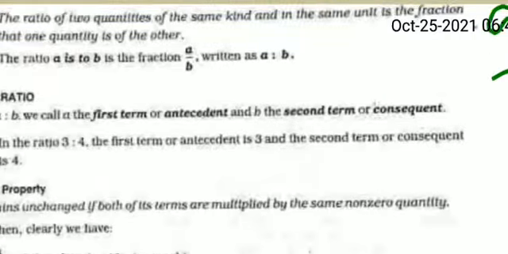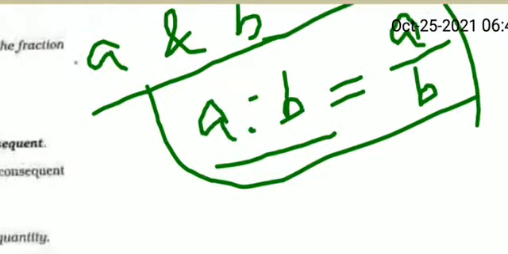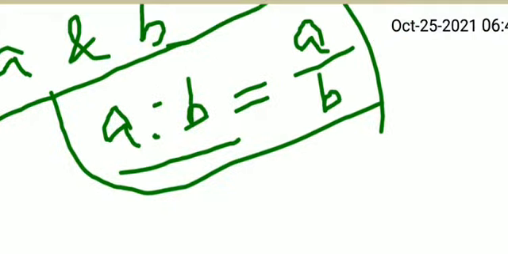Now here we have taken A and B, two quantities. So in the ratio form we have written A is to B. Students, here A is called the first term or antecedent.